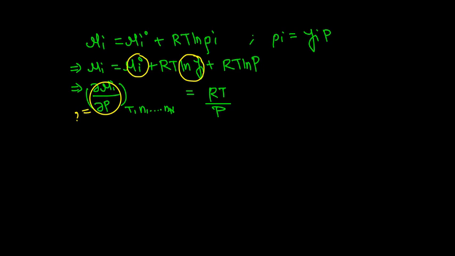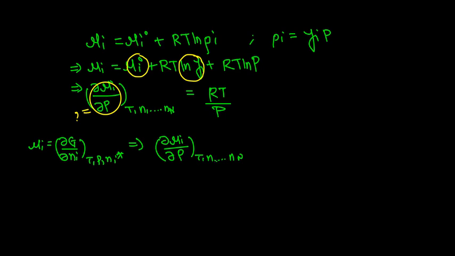For that, I start with the definition of chemical potential, mu i equals del G by del Ni at constant T, P and N j star, and from here I differentiate with respect to pressure at constant T and N1 and capital N, which equals del by del P of del G by del Ni.